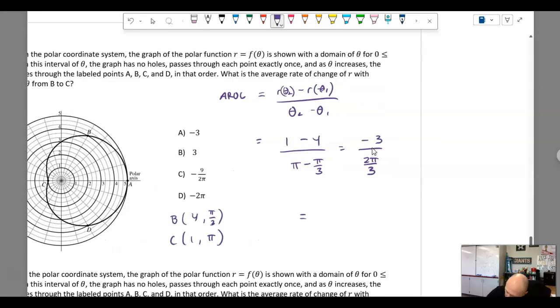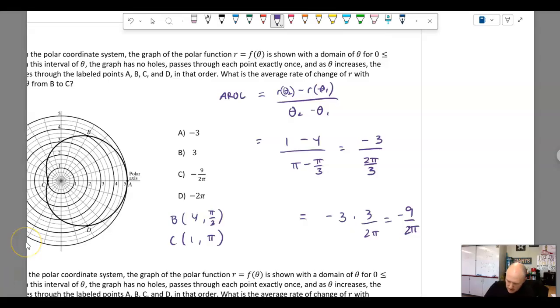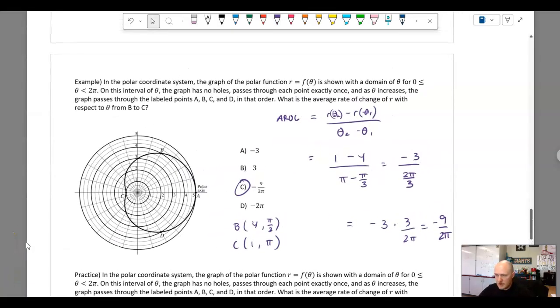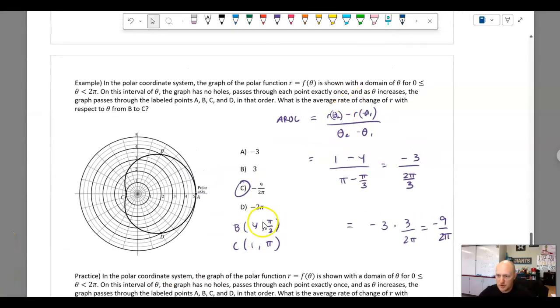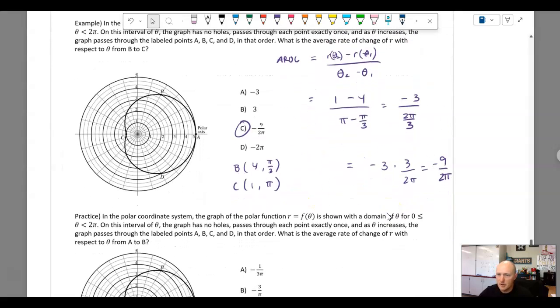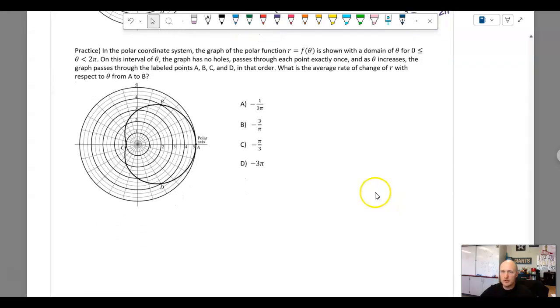Okay, and we can go ahead and keep change flip, so we end up getting negative 9 over 2 pi. Okay, the answer is going to be C, right? So remember, outputs, which is your radius, divided by the inputs. Okay. All right, here's a practice problem for you, and that'll do it for this lesson.